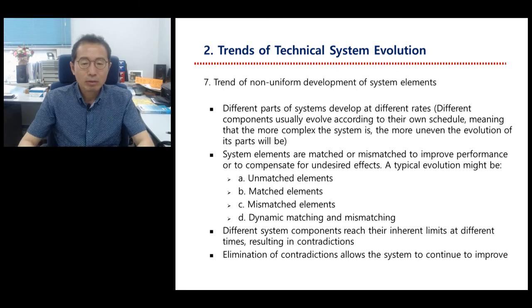Different system components reach their inherent limits at different times, resulting in conflict. Elimination of conflict or contradictions allows the system to continue to improve. This is the evolutionary pattern.